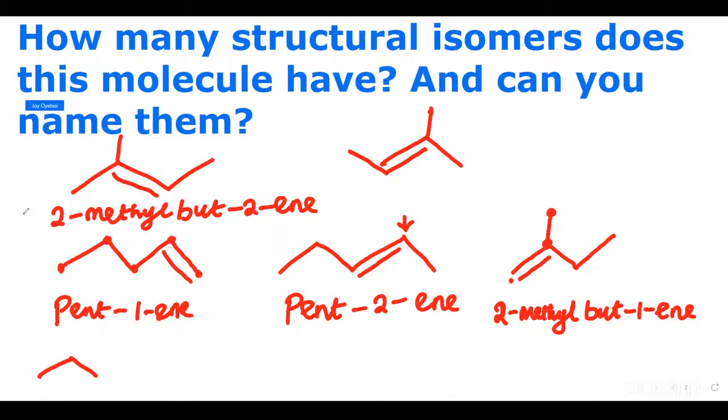So whichever way you draw it, you're going to have the same thing as one of the ones we already have. So once you have such a situation where you're repeating the structures, that's how you know that you've already captured all the structural isomers.